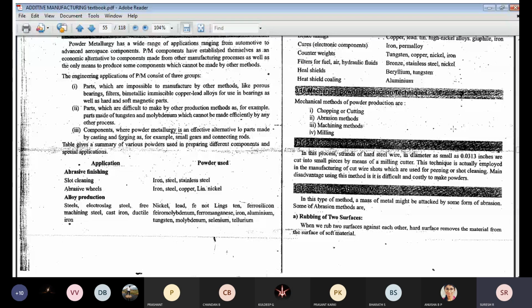That is the basics of the abrasion process.